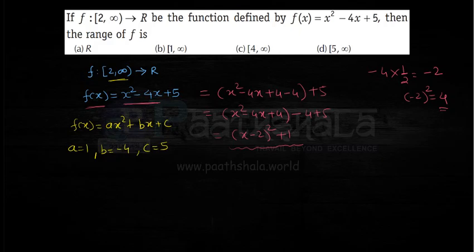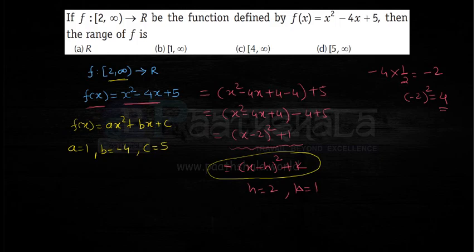So this is now in the form of x minus h whole square plus k, where h is equal to 2 and k equals 1, and this is the vertex form of a parabola.